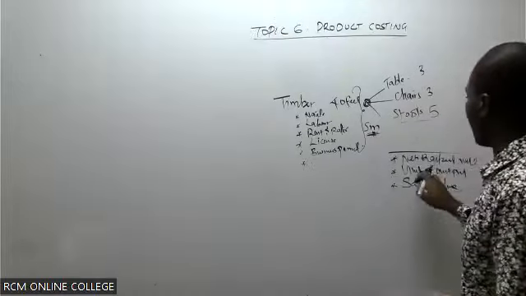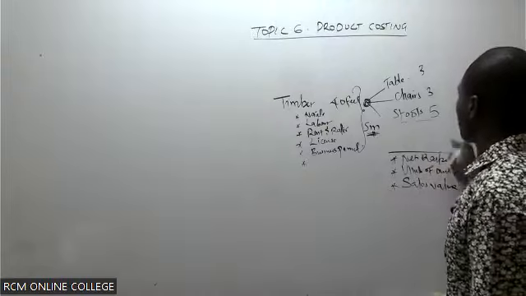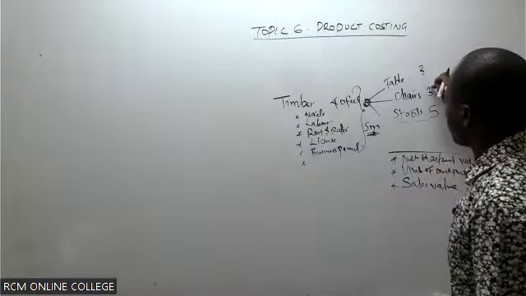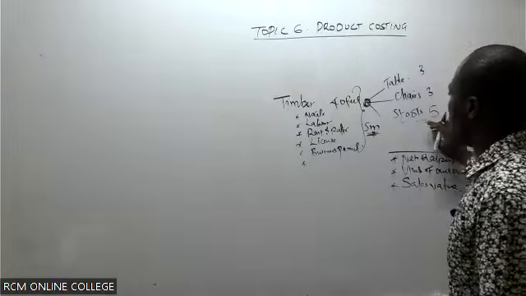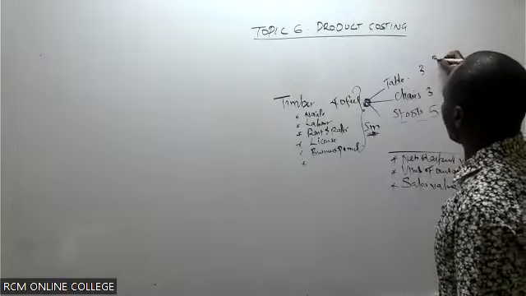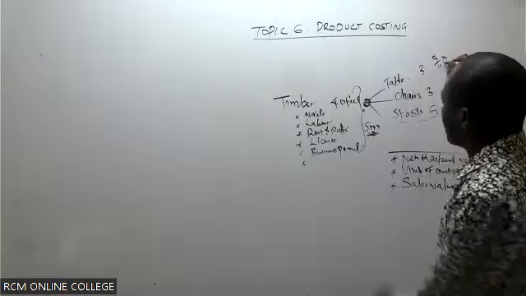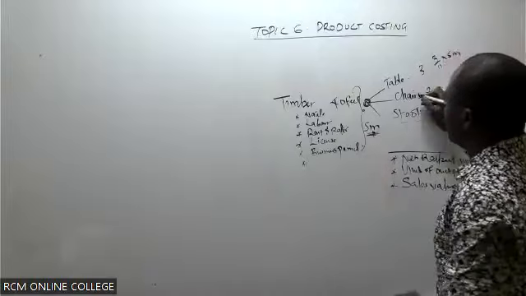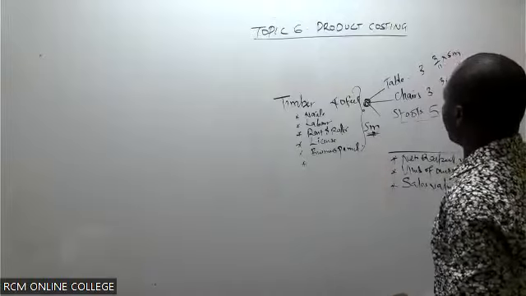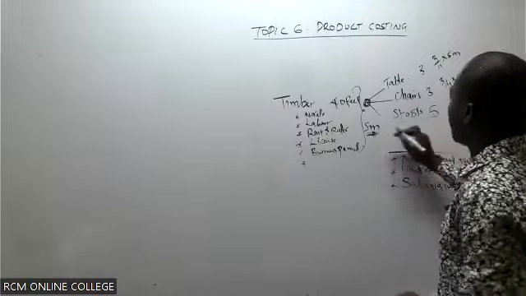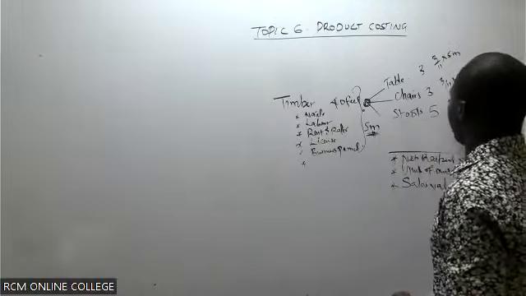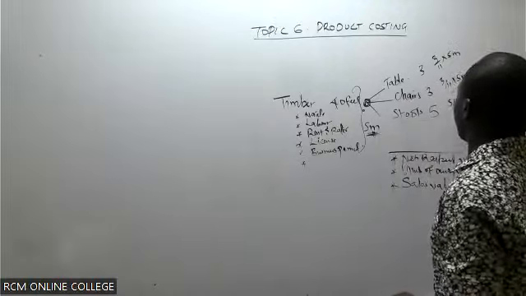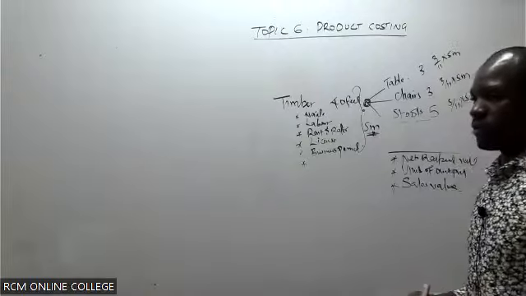So if I use units of output, I have a total of 3 plus 3 plus 5, which is 11. So tables will take 3 over 11 times the cost to be shared. Chairs will take 3 over 11 times the cost to be shared. And stools will take 5 over 11 times the cost to be shared.